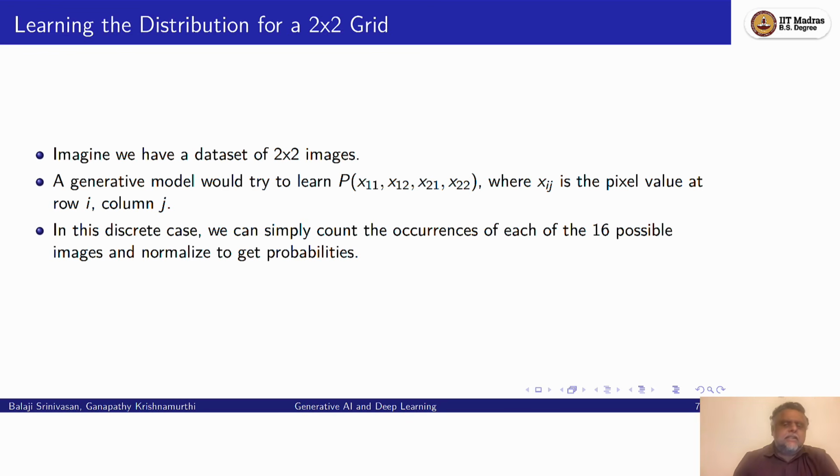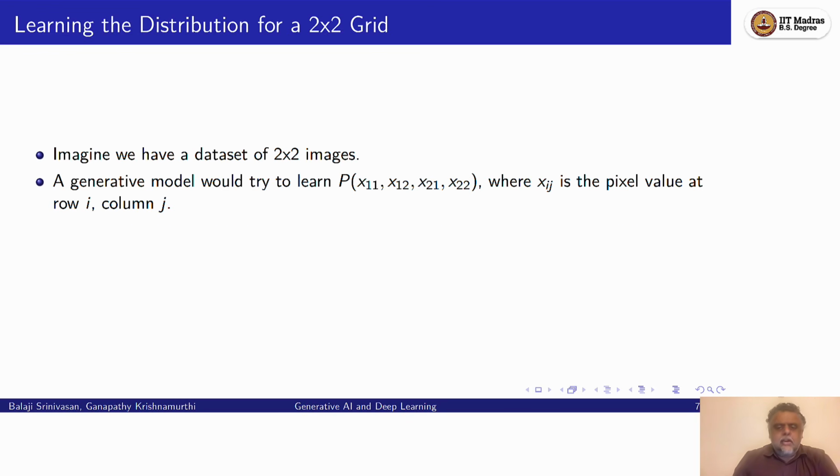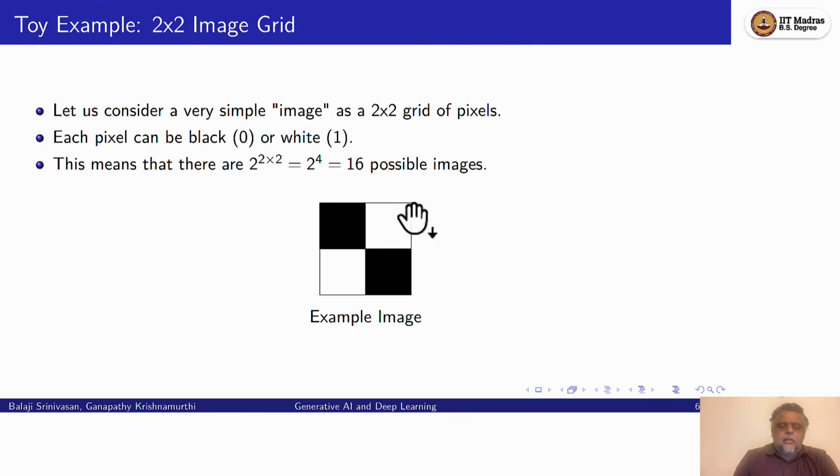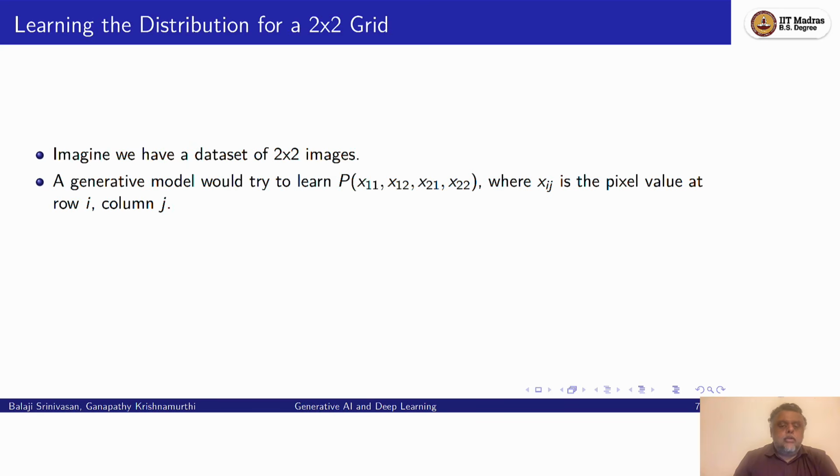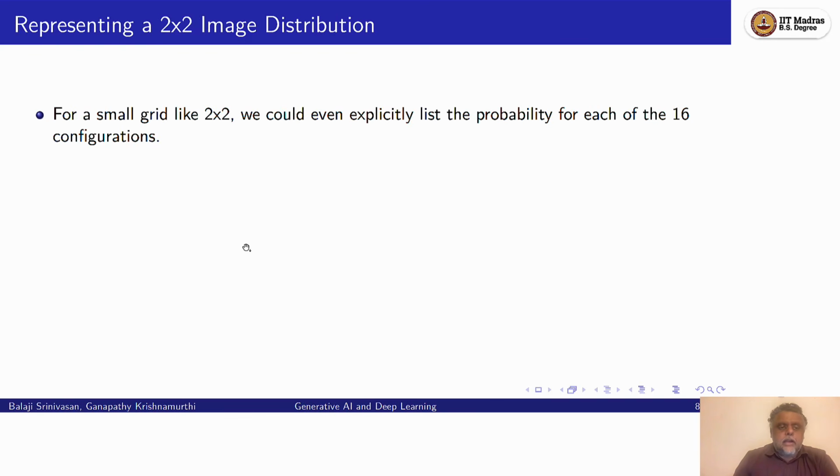What do I mean by each type? Let's go back to the previous slide. We saw this picture, right? How many of this occur? Maybe there's a different combination where top left is also white, and you count the number of times that occurs. Once you have all the counts, you normalize them with the total number of images to get a probability value for each of these variations. That's what we would like to do.